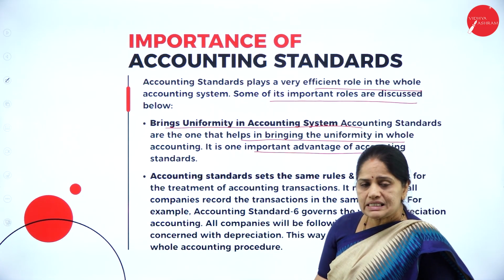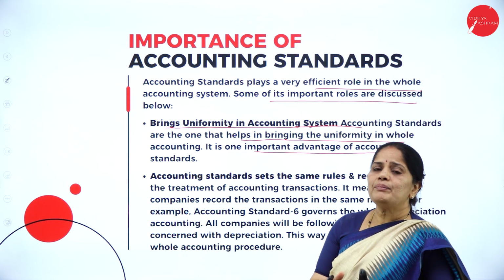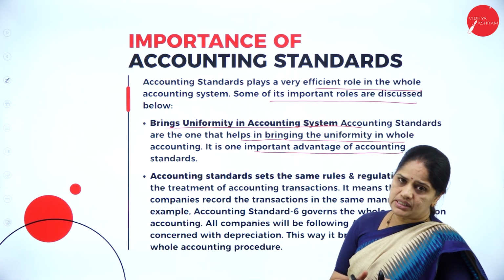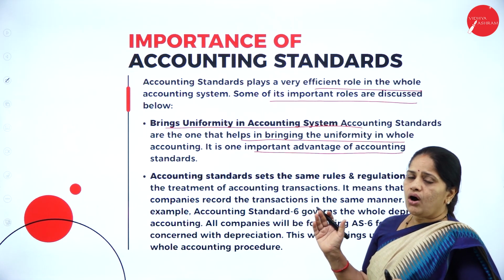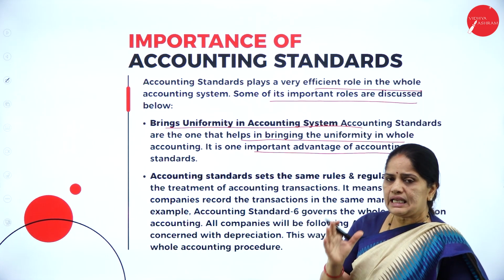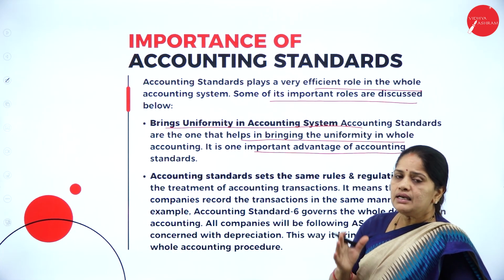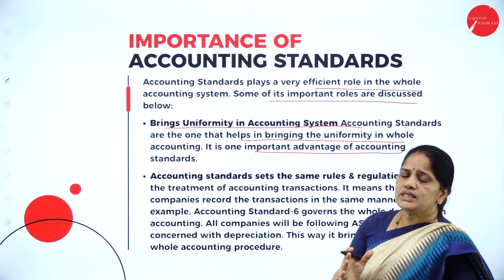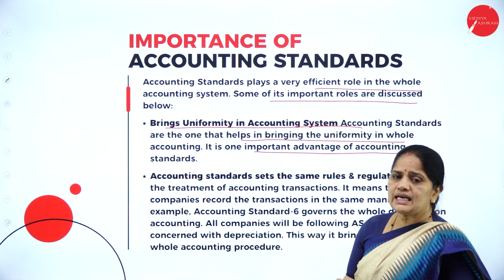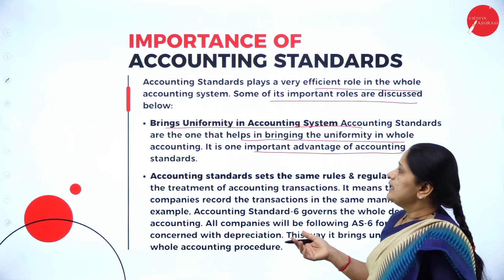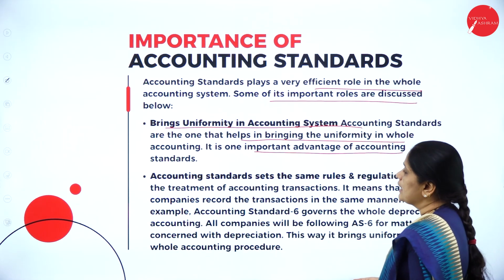As such, we can say that there is uniformity in the presentation of financial statements because of the Accounting Standards Board. All the companies have to maintain the same format and the same procedure as mentioned, as a result of which we can see that there is uniformity in accounting.